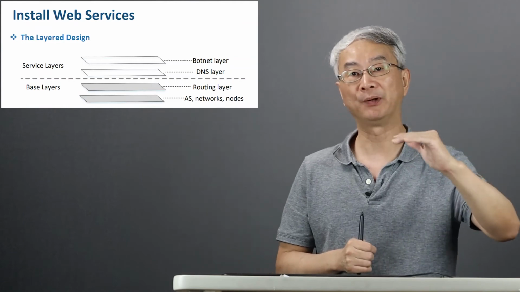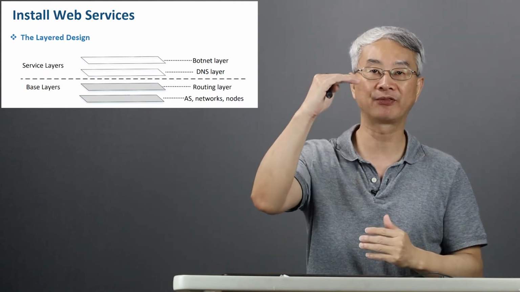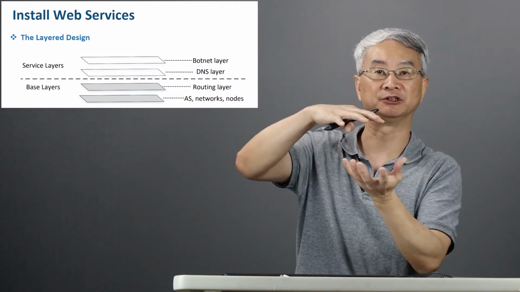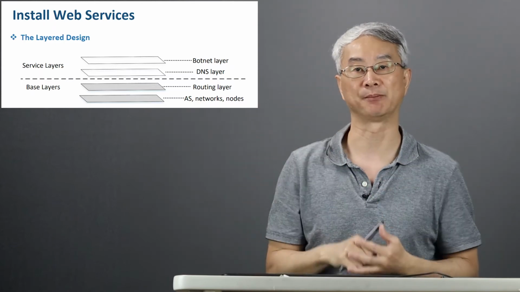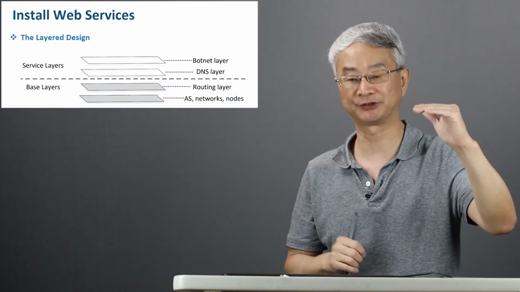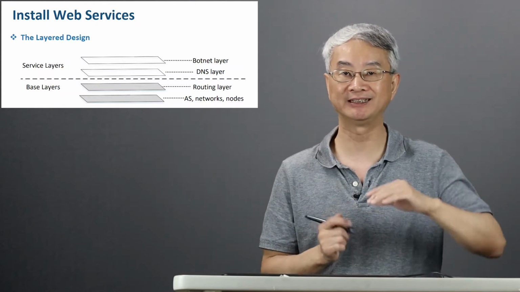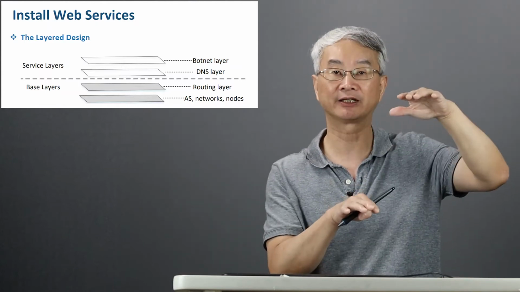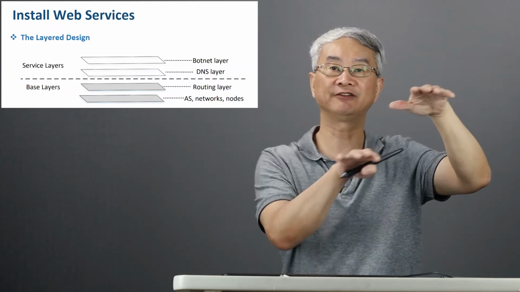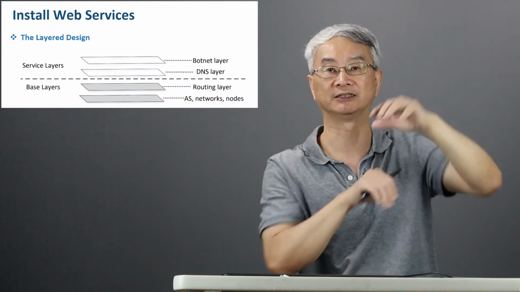When you compose your picture or your video, you do things at different layers and eventually merge them. We are using the same design pattern. So if I want to build a web service, we have a web service layer. If you want to build a DNS, we have a DNS layer. These different layers can be moved to a different emulator, so they're not bound to your base layer.